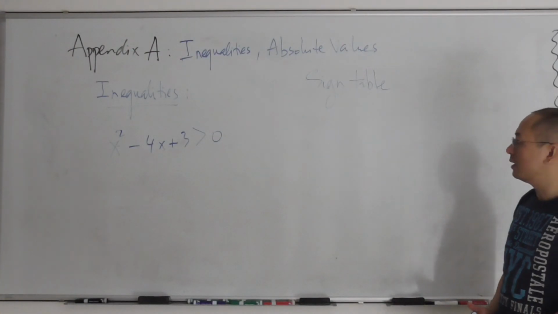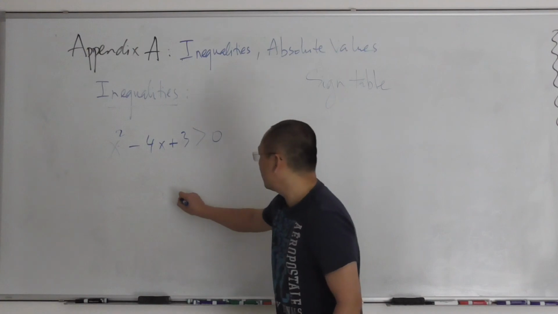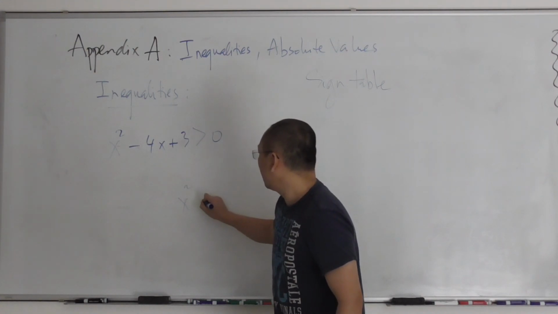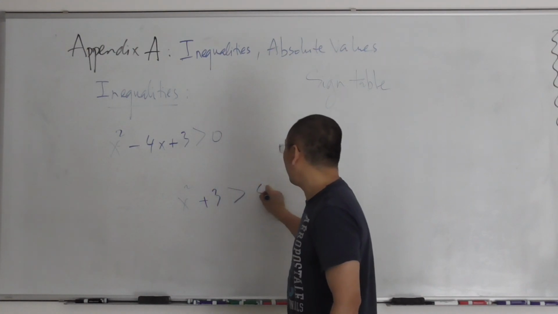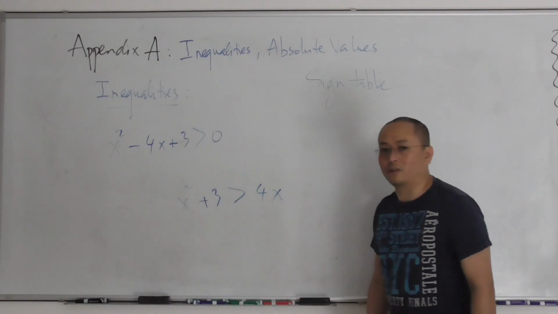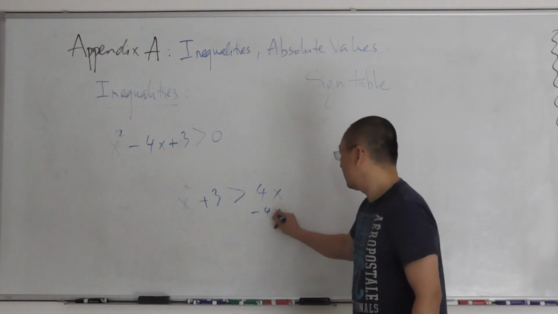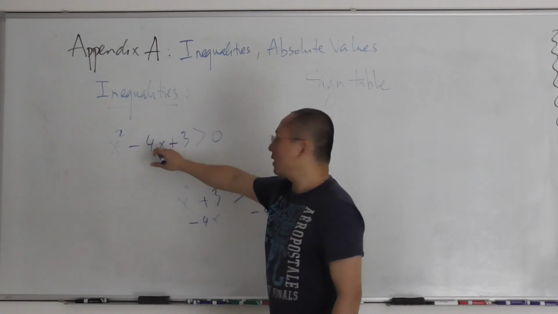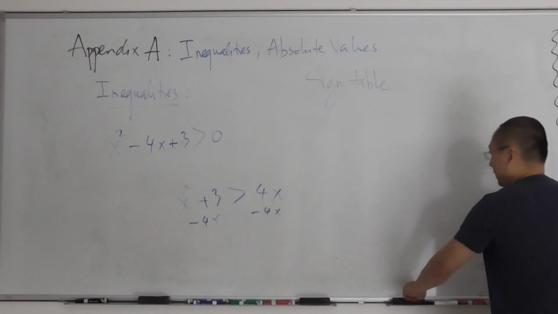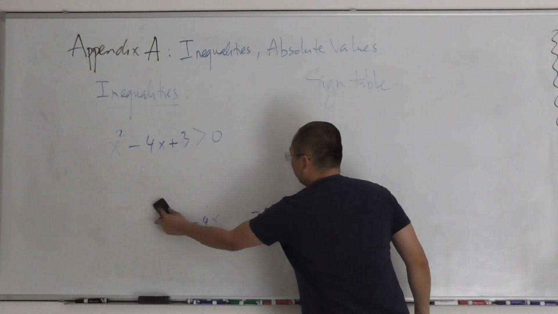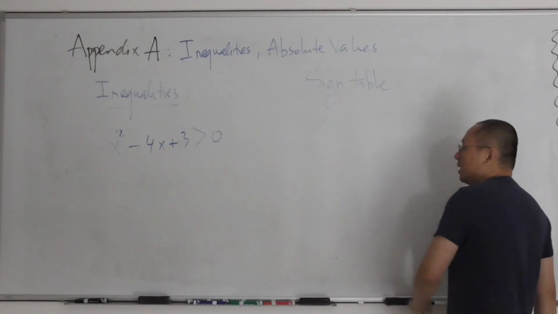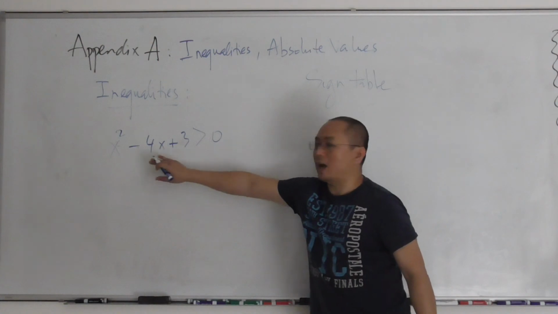Keep in mind, what if you see a problem like this? x squared plus 3 greater than 4x. You don't start solving from here. You know what to do? Subtract the 4x on both sides, then bring it back to the previous problem. Everything on one side, 0 on the other side. Now, the second step is we try to factor. You see what we have in here?